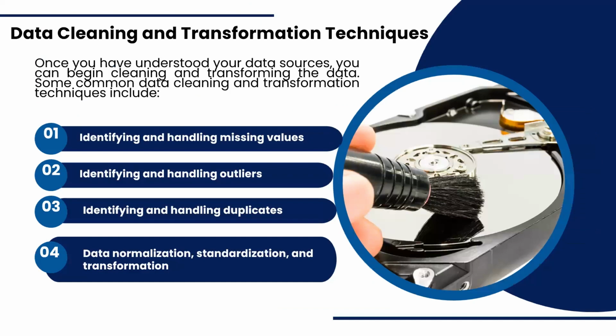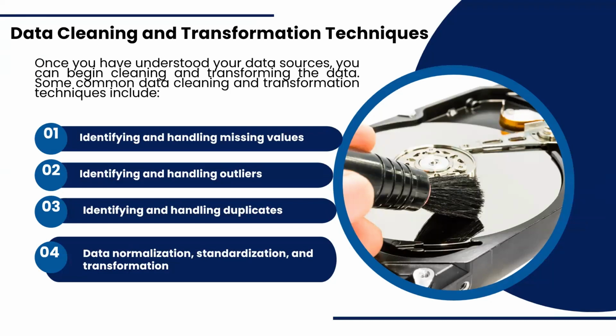Then let's look at data cleaning and transformation techniques. Once you have understood your data sources, you can now begin to clean and transform the data. Some of the commonly used data cleaning methods include identification and handling of missing values. Missing values are a common data quality issue.